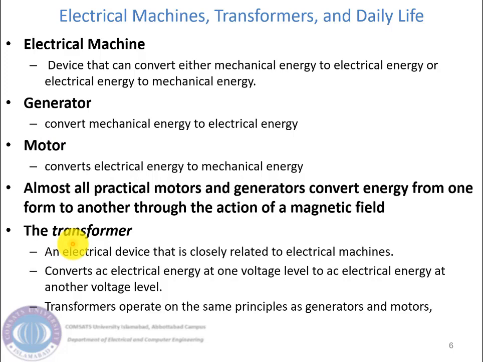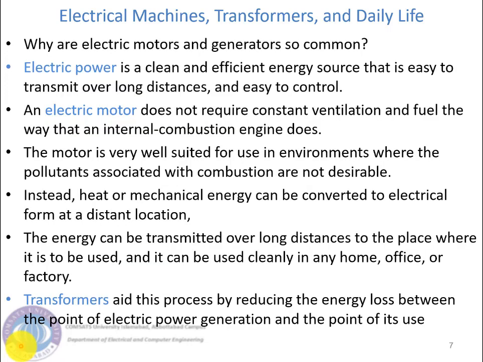The transformer is an electric device closely related to electrical machines that converts AC electrical energy at one voltage level to AC electrical energy at another voltage level, normally at the same frequency. Transformers operate on the same principles as generators and motors, so that's why we have placed them here.